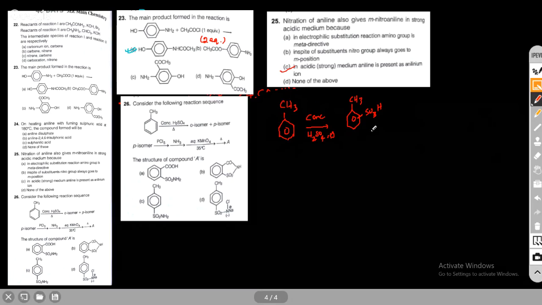When this reacts with PCl5, then what happens? HCl forms and Cl will attach here.